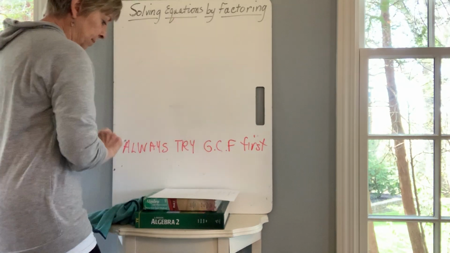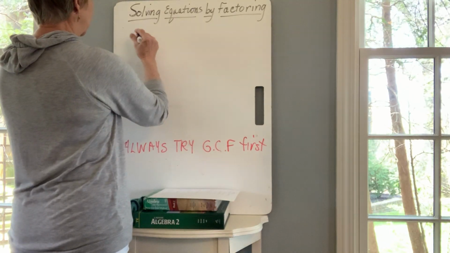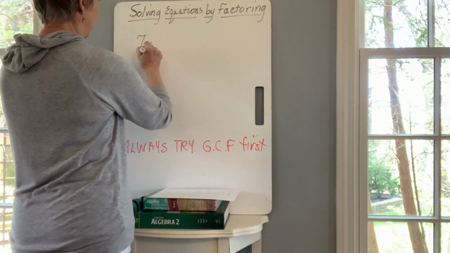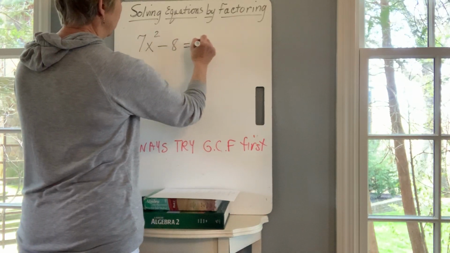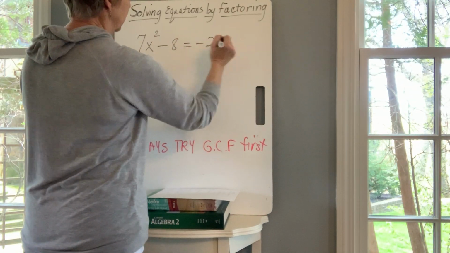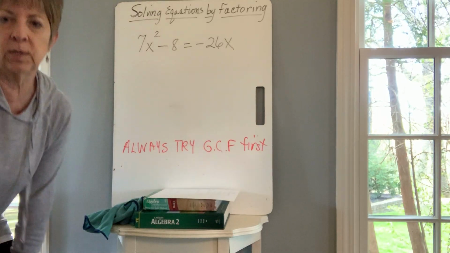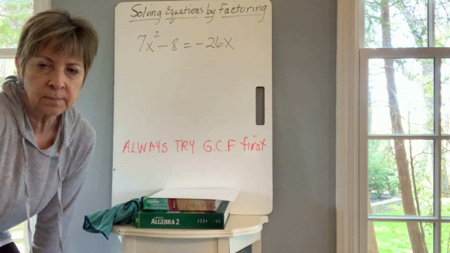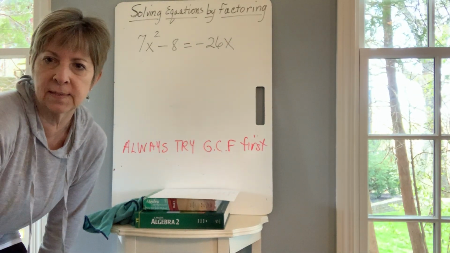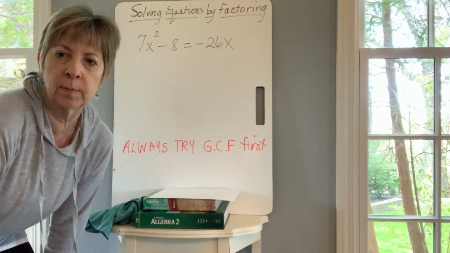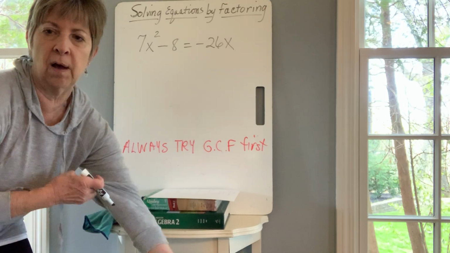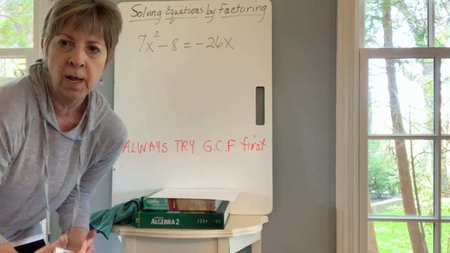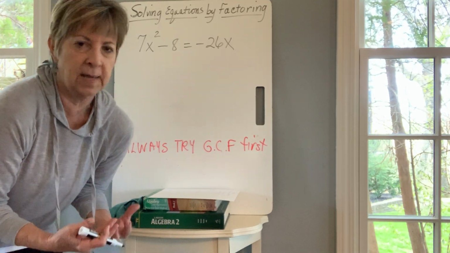Okay, so 7x squared minus 8 equals negative 26x. Okay, now what's different about this one? I don't have 0 on the right-hand side. So you're going to get some problems like this. And if you want to use the strategy of using the 0 product rule, you have to get 0 on one side of the equation.